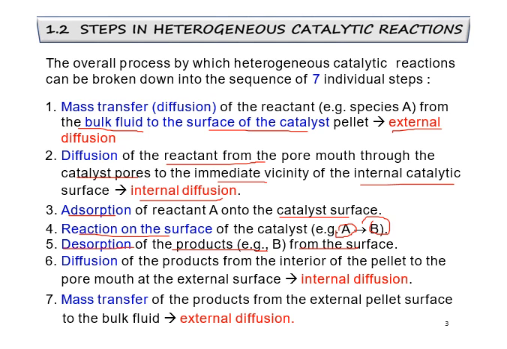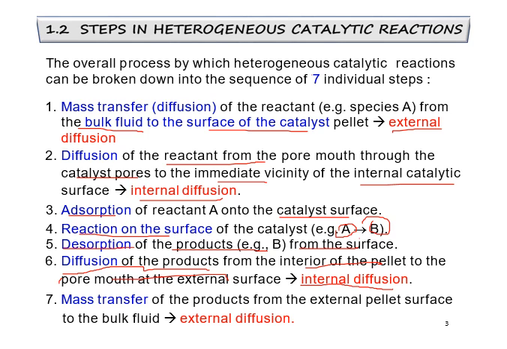And then that B product will diffuse from the catalyst surface to the interior of the pellet to the pore mouth. So we still call it desorption of B through internal diffusion.